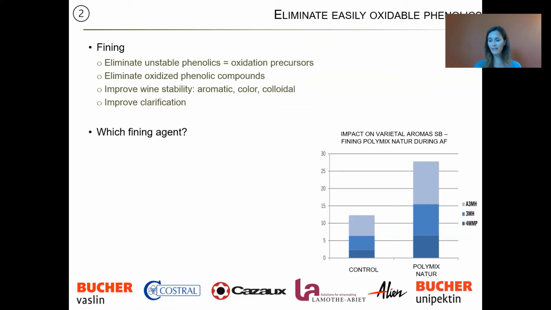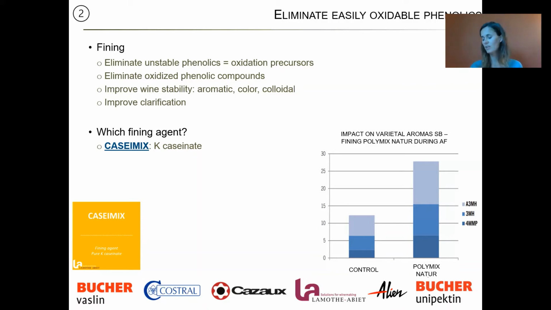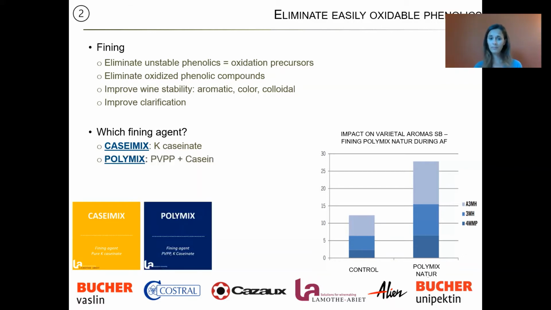So which fining agent to use? You can use casein. We have the Casein Mix, which is our pure potassium caseinate. That's great, especially if you have grapes that are maybe not the cleanest, because Casein Mix also has a very good potential in removing off-aromas. Polymix is our PVPP casein.